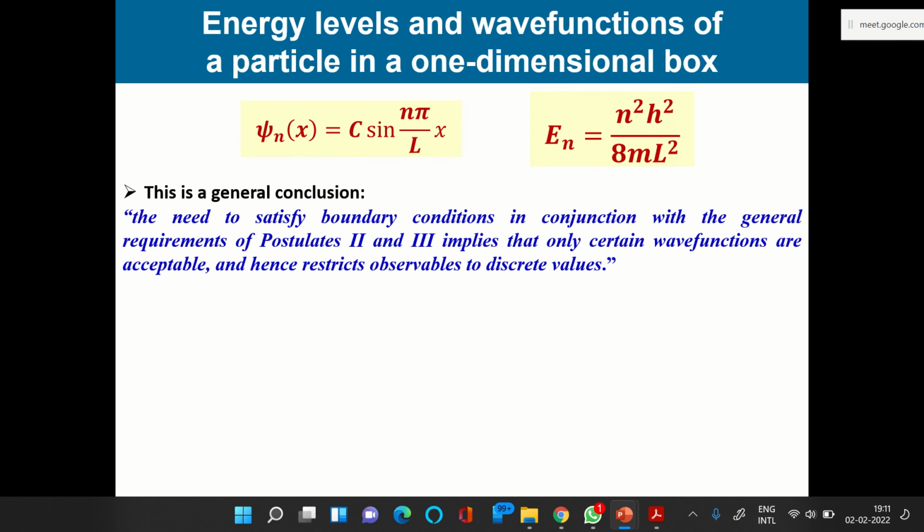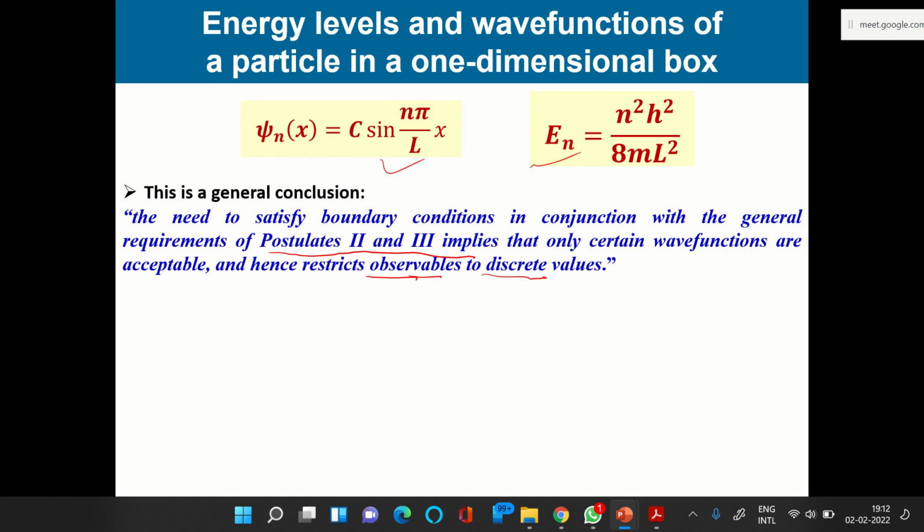So the general solution that we arrive at is this: we have to satisfy boundary conditions in conjunction with the general requirement of postulates 2 and 3. And this is what we find, that only certain values of wave function are acceptable, and the observables, that is the energy and momentum, have discrete values. That means they are not continuous.